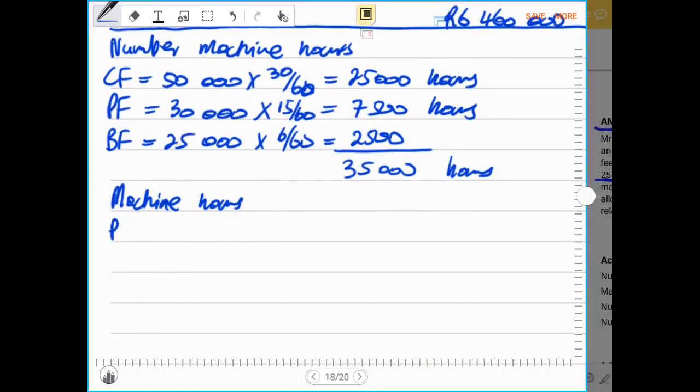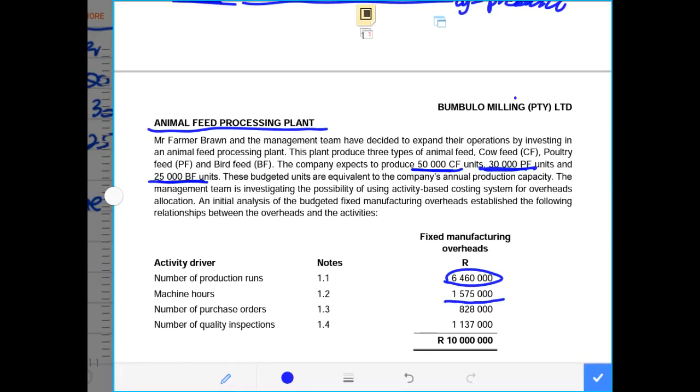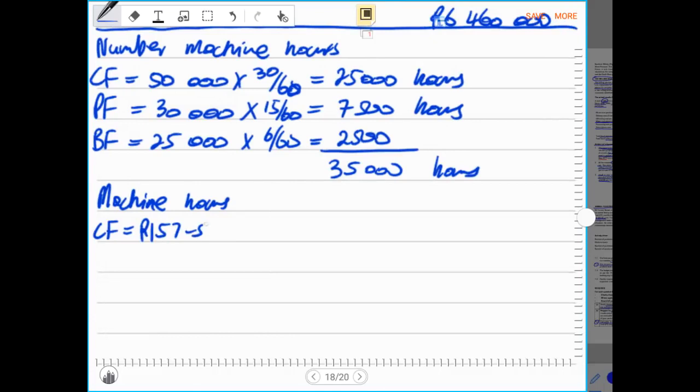For product CF, let's look at the cost. Machine hours, 1,575,000.